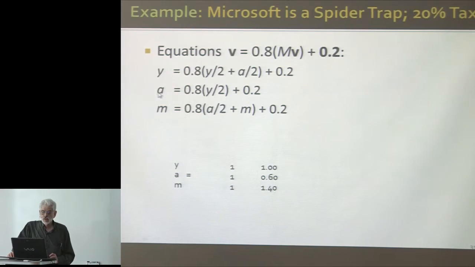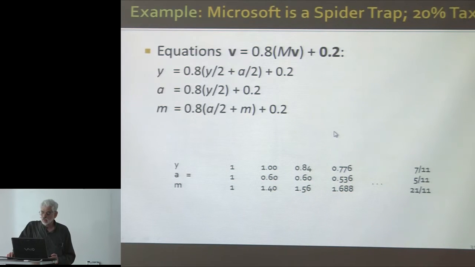Well, for example, for Amazon, which is y over 2: at the second round, y is 1, so y over 2 is a half, and then 4/5 of that is 4/10, and then plus 2/10, that gives you 6/10 as a value. And Microsoft, which of course is still accumulating its own value except for what gets taxed away, is still growing, and it grows even more at the next round and more at the next round. But in the limit, it turns out that things distribute this way.